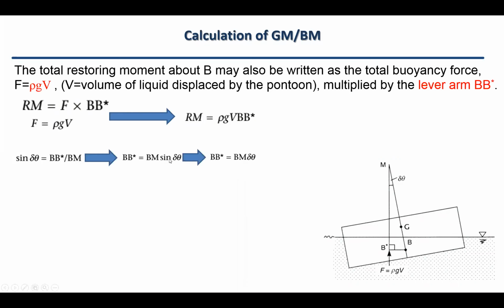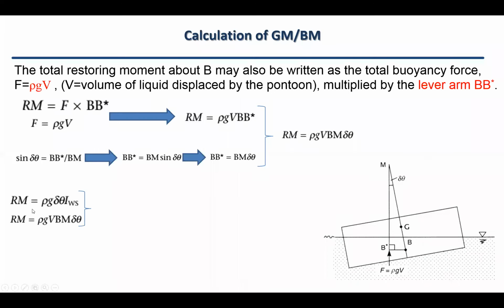So we substitute delta theta for sine delta theta, and BB star is BM delta theta. Substituting BB star into the top formula, Rm is equal to rho g V BM delta theta.